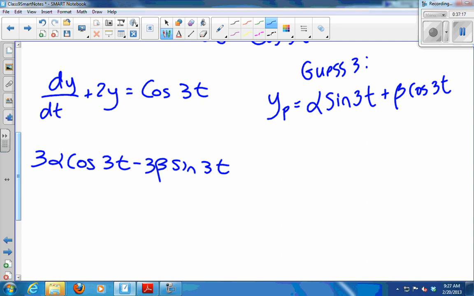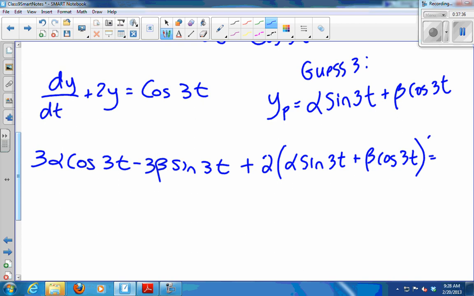So that's my dy dt, just taking the derivative of this. 2 times y, so this would be 2 times alpha sine 3t plus beta cosine 3t. We want that to equal cosine 3t. Can we make it equal?